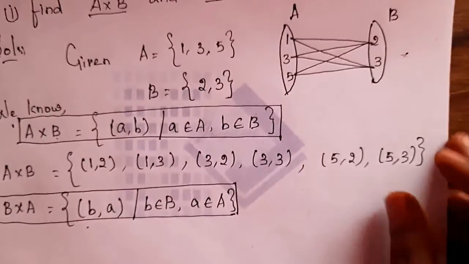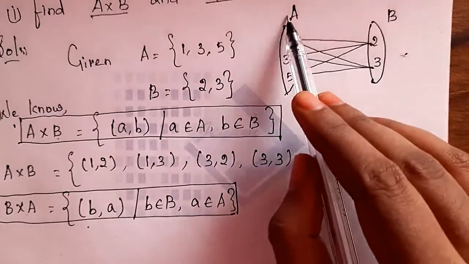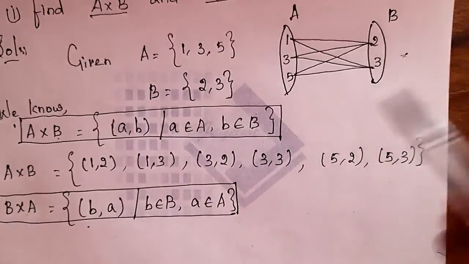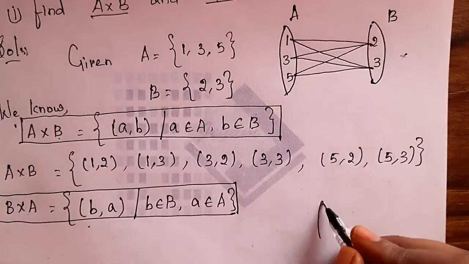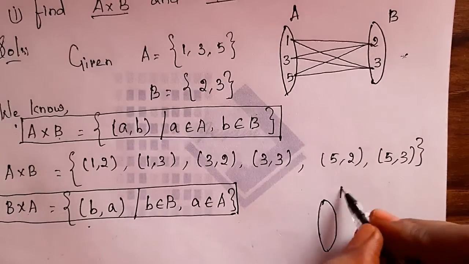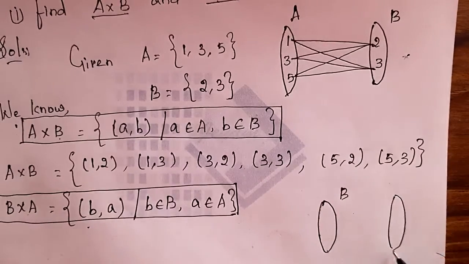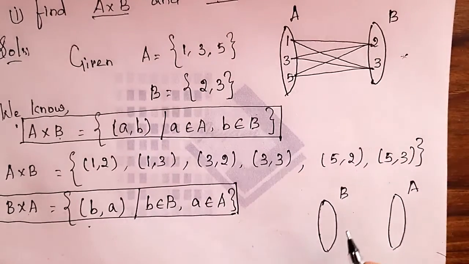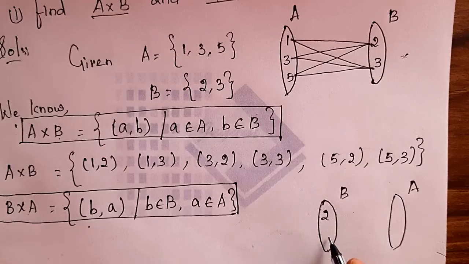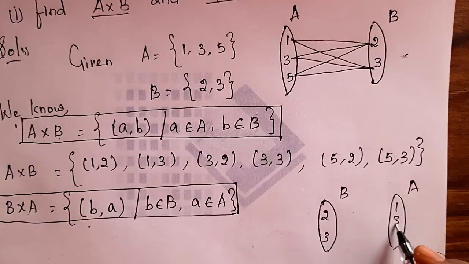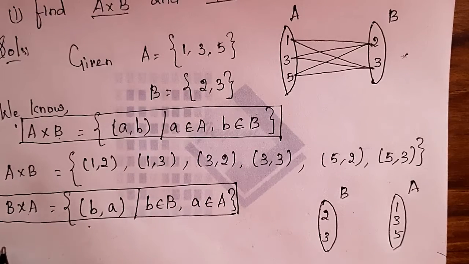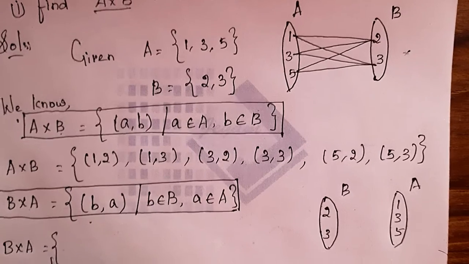Here you drew the figure as A and B. Next, how will it be? First one will be B, next one will be A set. Don't forget it. So B elements are 2 and 3. A elements are 1, 3, 5. So B cross A, we are going to write this set of all.